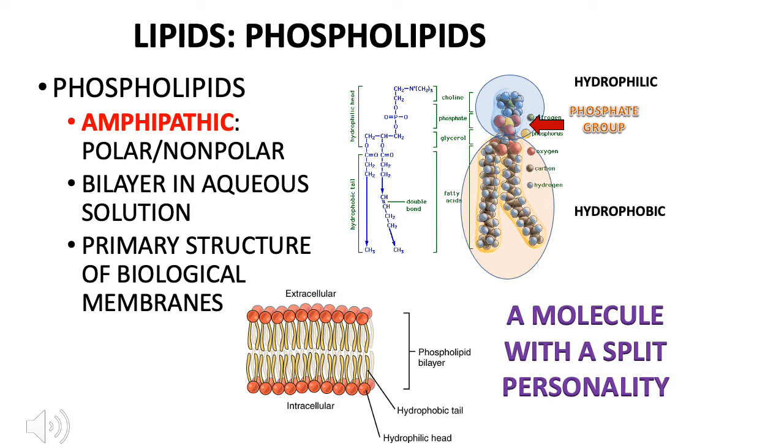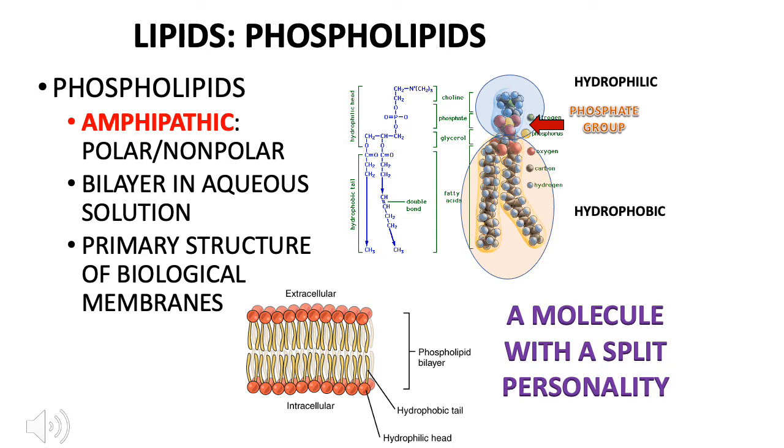The region at the top with the blue shaded circle around it is the head portion of the molecule, and below that is the tail portion of the molecule, which is shaded in orange. At the intersection of the two, just below the blue circle, you will see a series of red oxygen atoms. That's our glycerol molecule. So our glycerol molecule is smack dab between the head portion and the tail portion of the molecule.